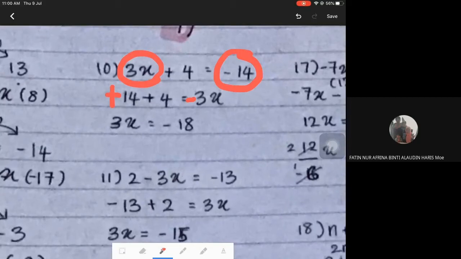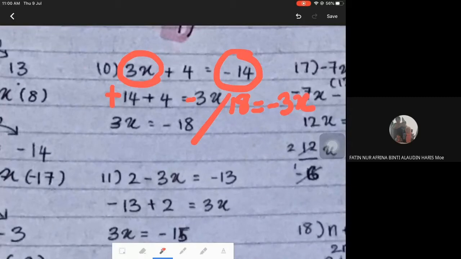So kalau macam ni, actually jadi besar ya. 18 equals to negative 13, negative 3x.